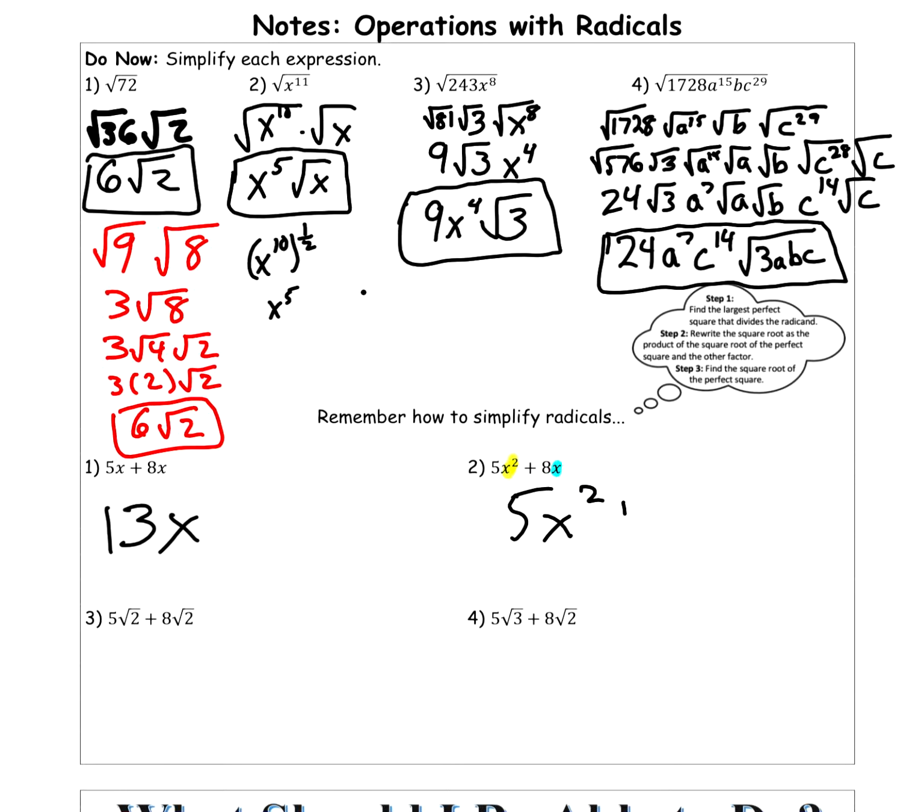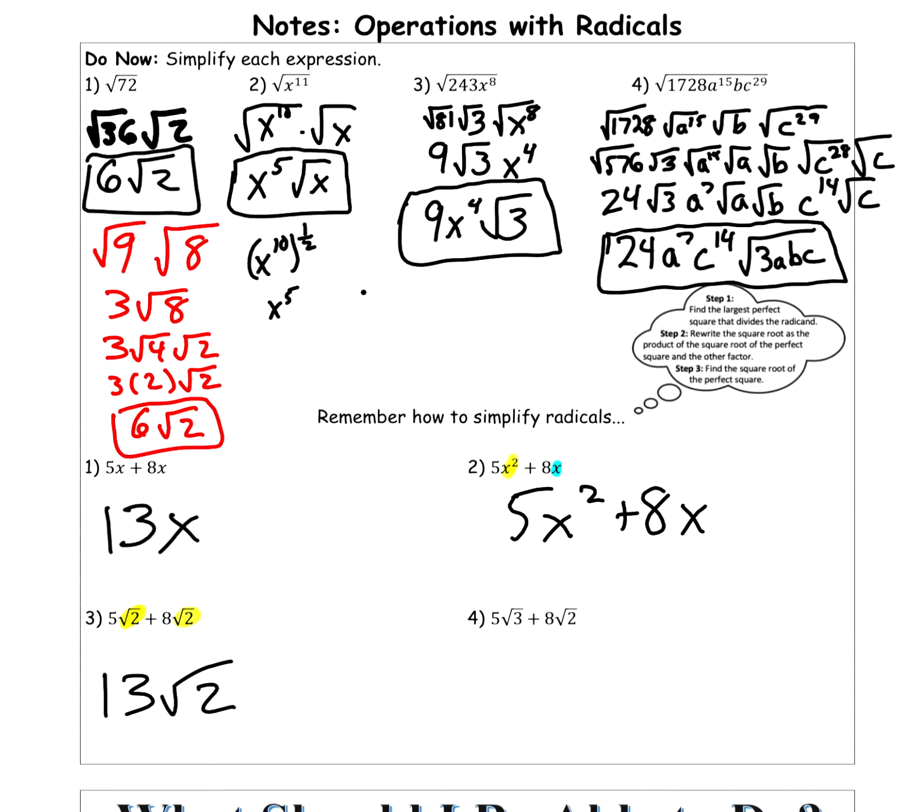So it just stays 5x squared plus 8x. Looking at number 3, similar idea with radicals. Notice these radicals: it's 5 radical 2 plus 8 radical 2. They have the same radicals, so they are like terms. So that would be 13 radical 2.